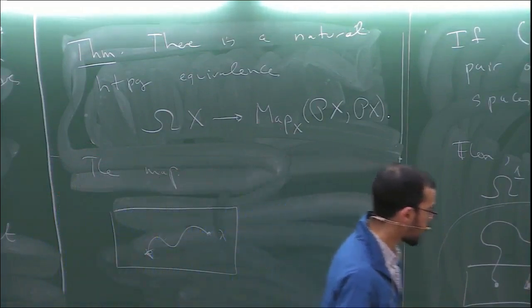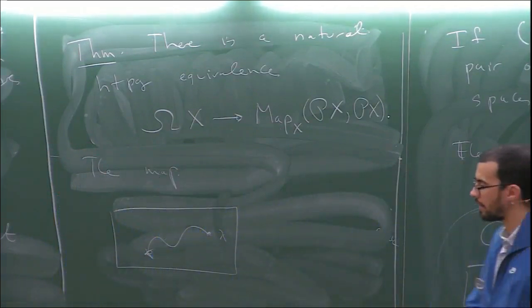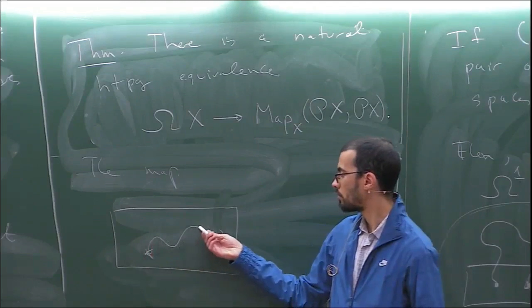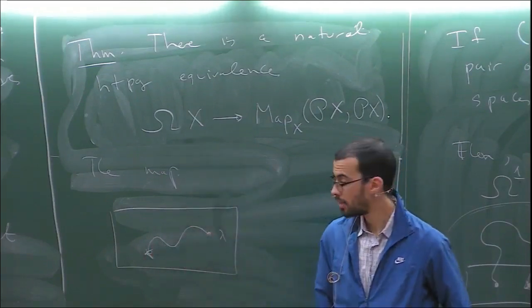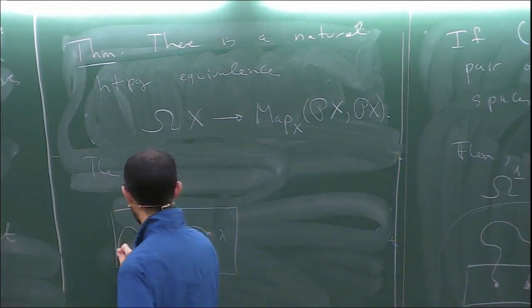Well, the simplest way of taking a path from the base point to x and assigning to it another path is to concatenate with a loop.